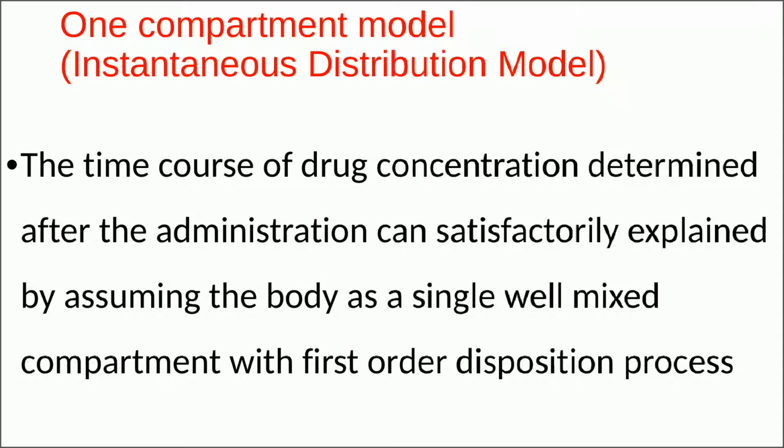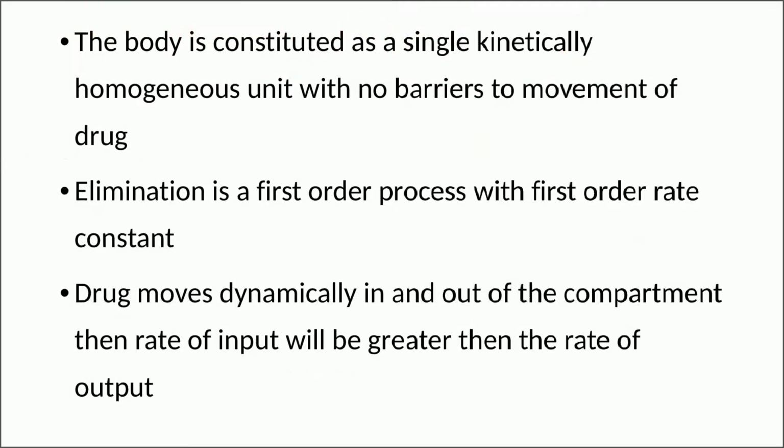So in the concept of one compartment, the entire body is assumed to be a single compartment. The body is constituted as a single kinetically homogeneous unit with no barriers to movement of drug.